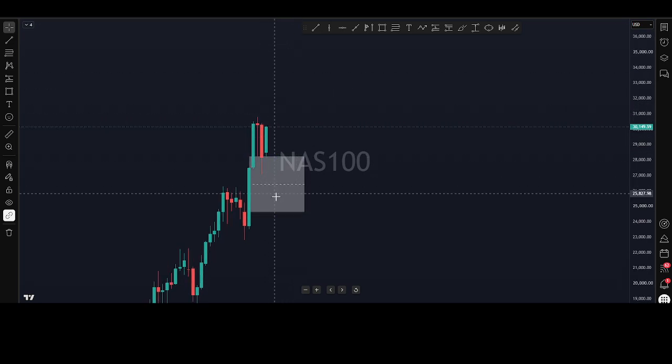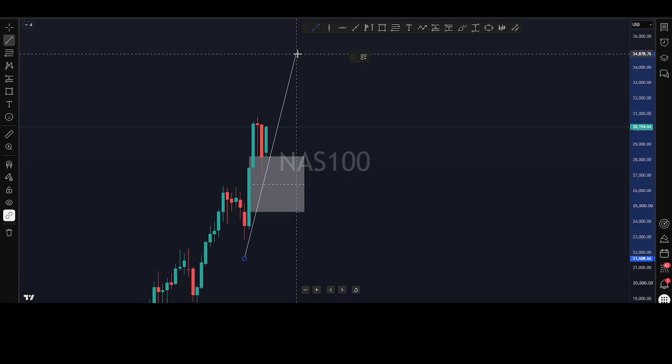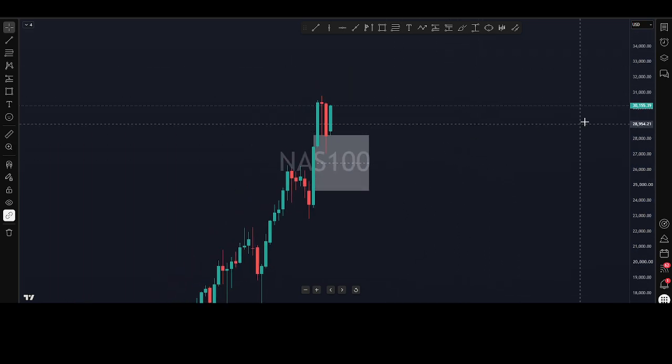So we did have a pullback, and now we're on our way back up to what we suspect is going to be a last angle blow off top, to go up to, I don't know, there-ish, something like that. Looking at this, I'm breaking it down monthly.